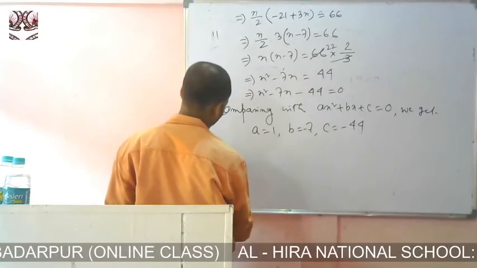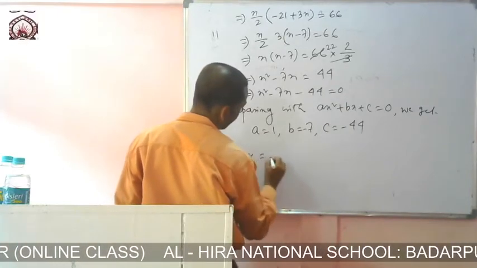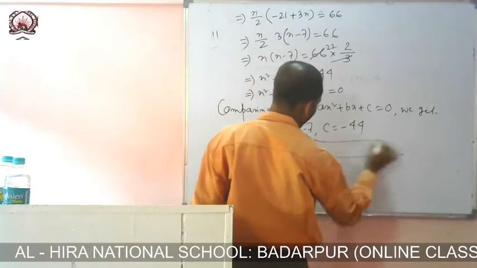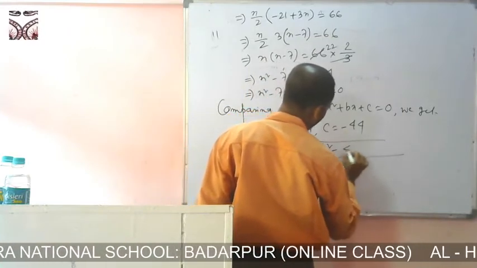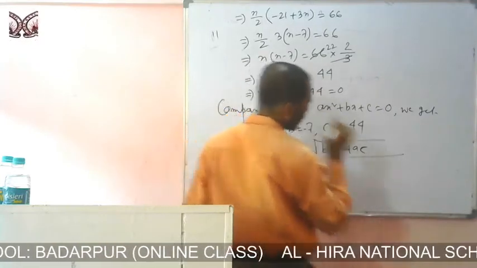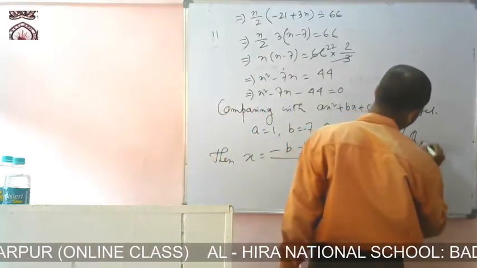Then x is equal to minus b plus minus root over b square minus 4ac by 2a. This is the quadratic formula.